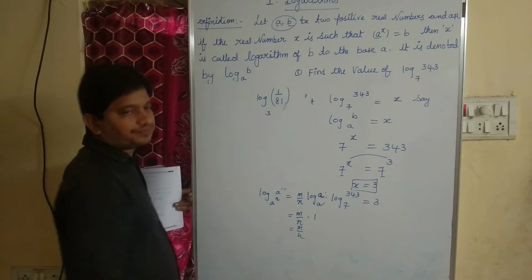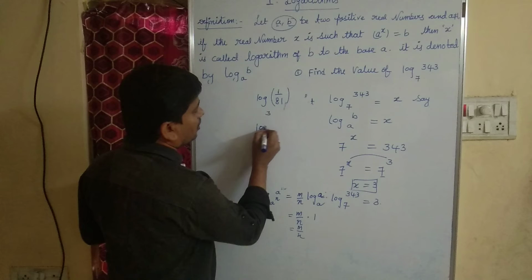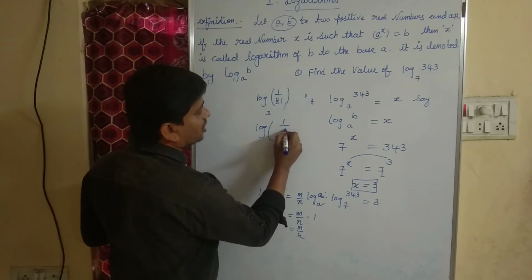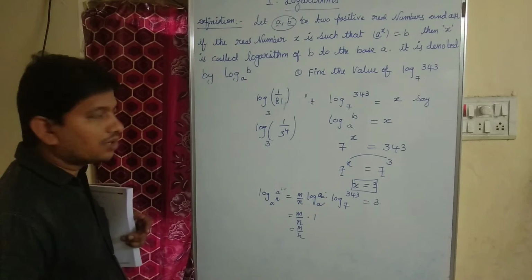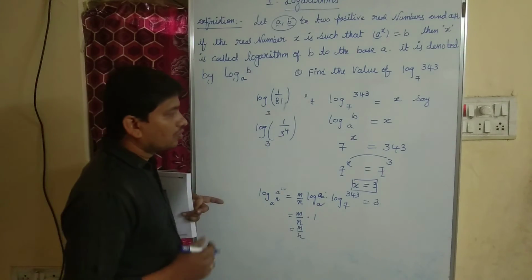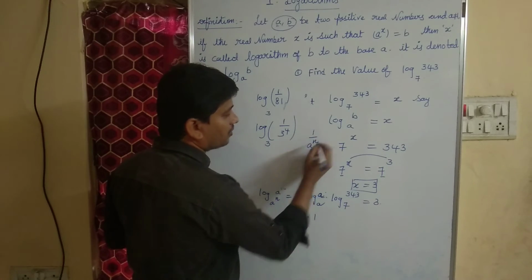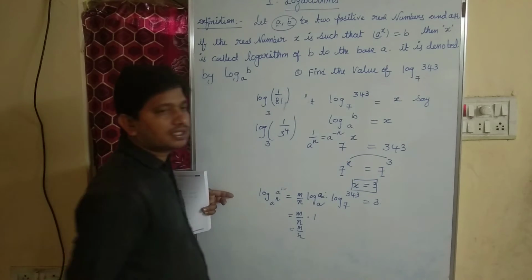As we know, 81 we can express as 3 raised to the power 4. Yes or no? Now 1 by 3 power 4 is in the form of 1 by a power n, and 1 by a power n I can express as a to the power minus n.